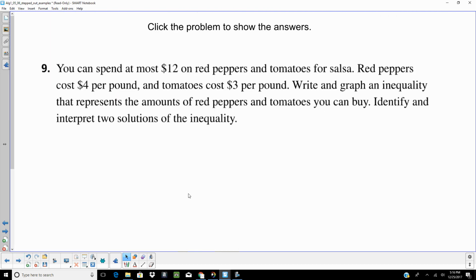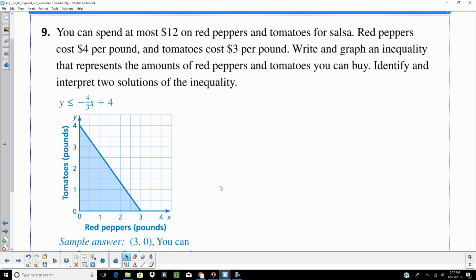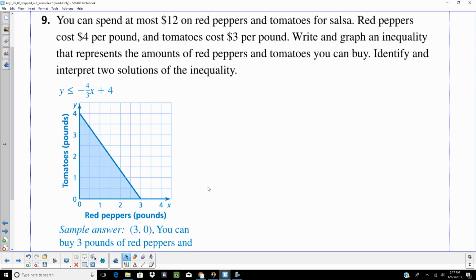All right, try this one on your own, and we'll see how you do. They give you that equation in slope-intercept form, but you can, at most you can spend is $12.